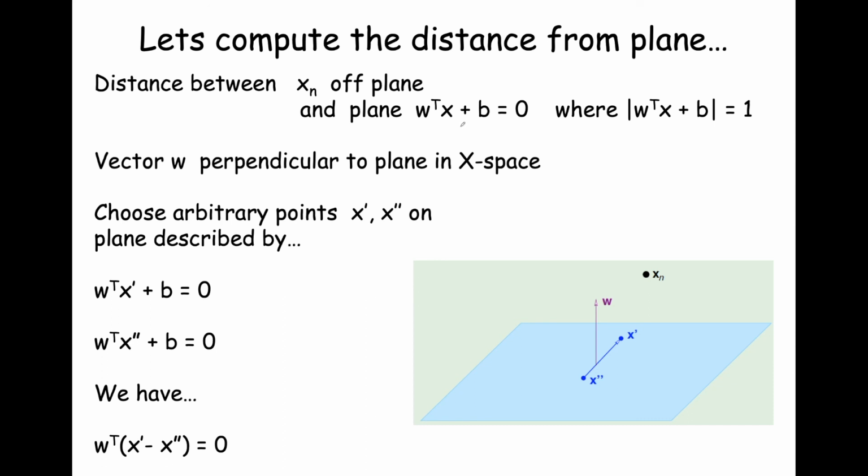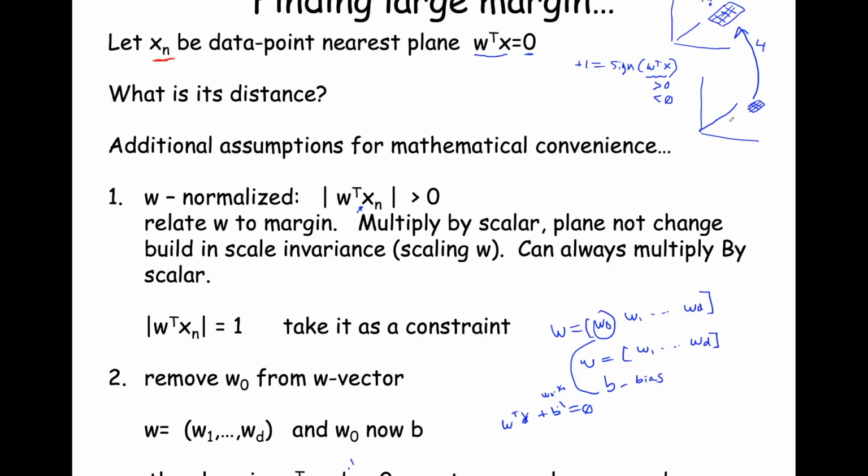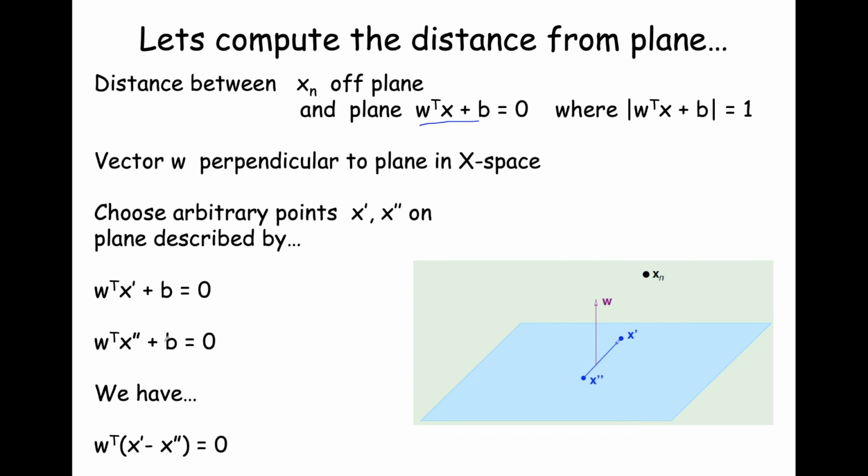Now, of course, if you're on the plane, W transpose x plus B equals 0. But if you're this point xn off the plane, W transpose x plus B, that magnitude, is precisely equal to 1. Okay? Now it's precisely equal to 1 because we know from this example, we can scale W up and down such that for that off-plane point xn, it's precisely equal to 1, that magnitude.